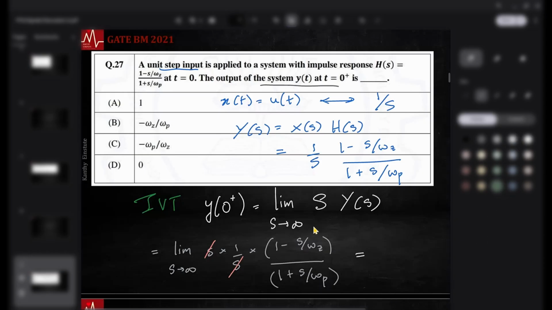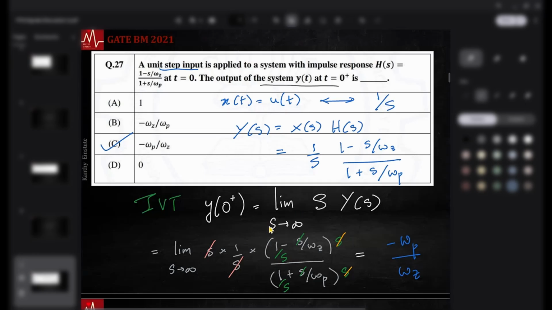The way you have to deal with this is to pull out the s, and then I am cancelling that. Here s tending to infinity, 1 by s is 0. After cancellation, omega p will go to the numerator by omega z.